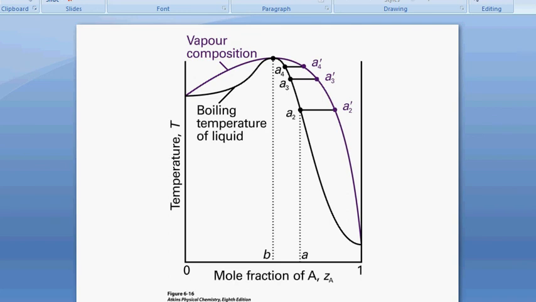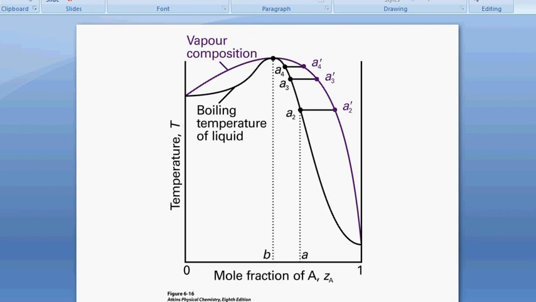A2 prime is the composition of the vapor, and I remove that vapor from the system, which means I am removing more of A from the system. The composition of the system would go on going towards the left, in the order of decreasing A. I would reach A3, I would have some A3 prime, I would remove that A3 prime.